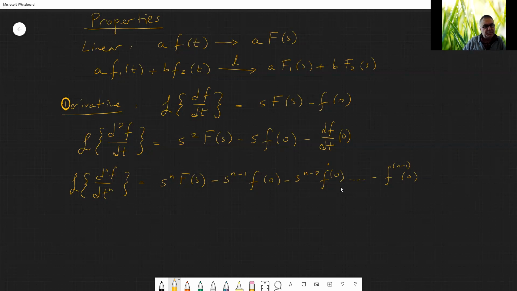Well, for our purposes, usually, as I have said, we will be ignoring these initial condition terms most of the time and use the Laplace transform to transform the nth derivative to s to the n times F of s.